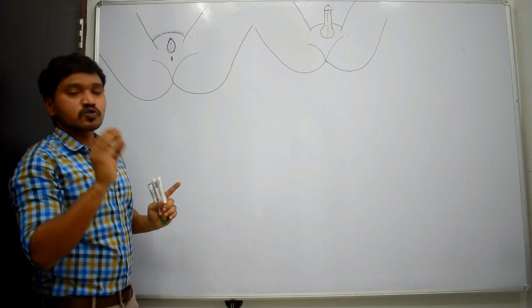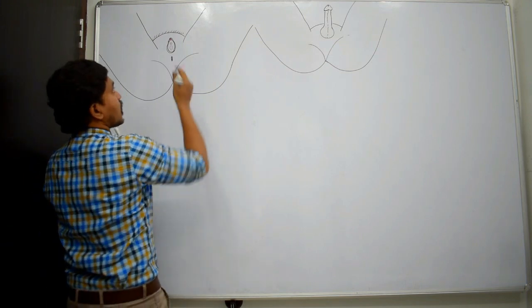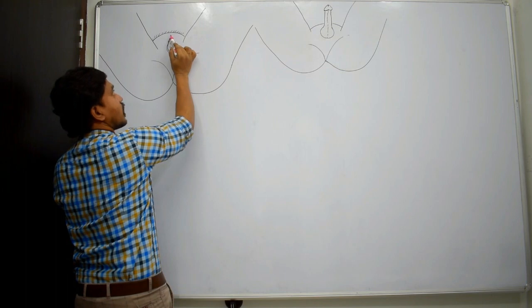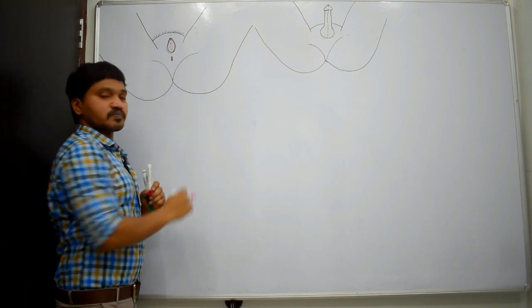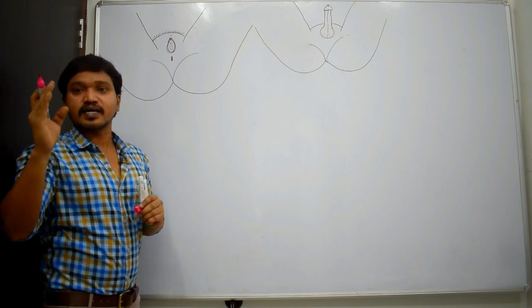First, if we take the superficial boundaries, anteriorly the mons pubis. See, this is the mons pubis. Posteriorly the buttocks. If you want to say exactly, the upper part of the natal cleft.